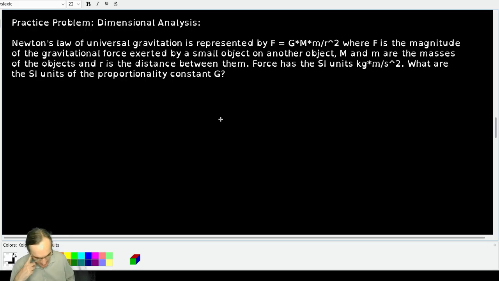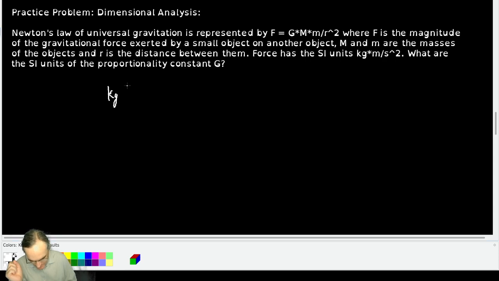All right, so for this, big G, we don't know its units. We will leave it as big G. Everything else, we're going to replace the letter with its units. So F becomes kilogram times meter per second squared.